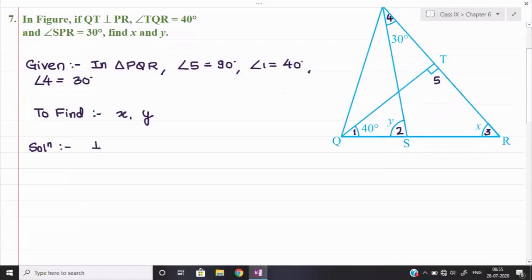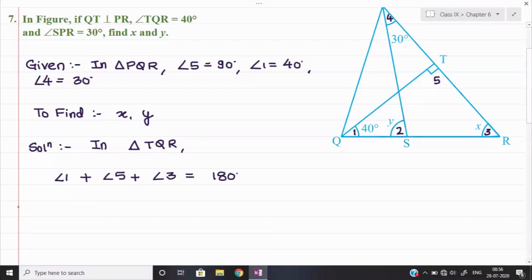So in triangle TQR, one angle is angle number 1, the second angle is angle number 5, and the third angle is angle number 3. And the sum of these three angles is equal to 180 degrees.